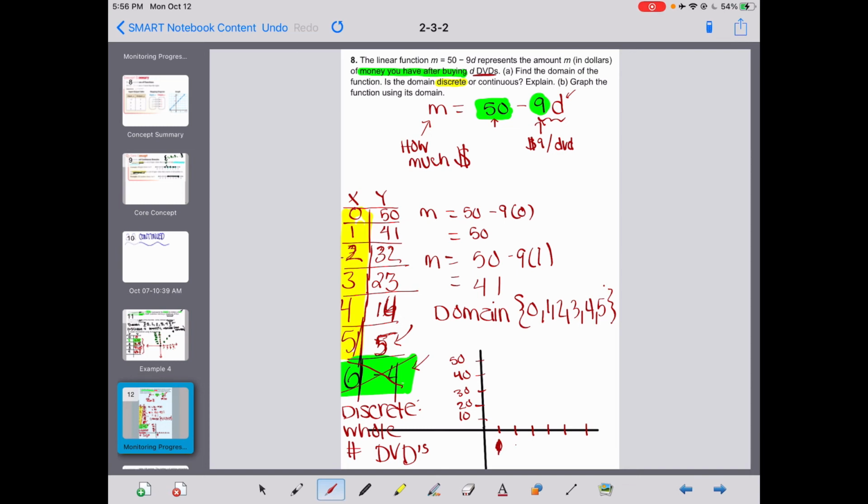Sorry, that should be 1, 2, 3, 4, 5 DVDs. 0 DVDs will have $50. 1 we will have 41. 2 will have 32. 3 we will have 23. 4 we'll have $14 left, and 5, it's a little off, we will have $5 left, and we don't want to go negative. Don't connect them because we can't have a DVD quantity in between those whole numbers.